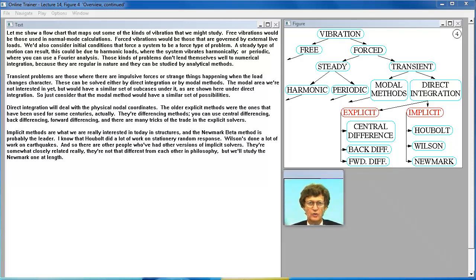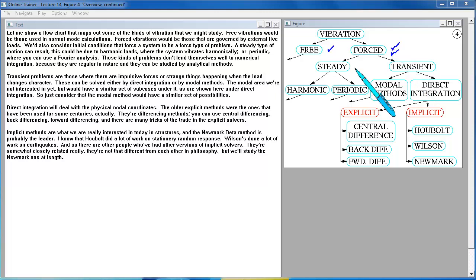Let me show a flow chart that maps out some of the kinds of vibration that we might study. Free vibrations would be those used in normal mode calculations. Forced vibrations would be those that are governed by external live loads. We'd also consider initial conditions that force the system to be a forced type of problem.